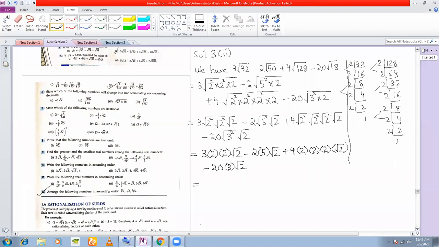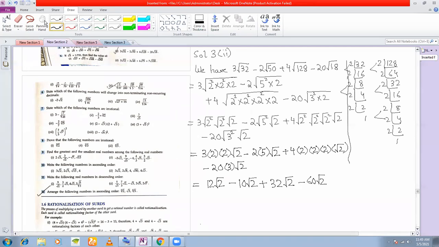So the first term here is 3 into 2, 6, 6 into 2, 12. This becomes 12 root 2. This becomes 2 into 5 is 10 root 2. This becomes 2 into 2 into 2 is 8, 8 into 4 is 32 root 2, minus 60 root 2.